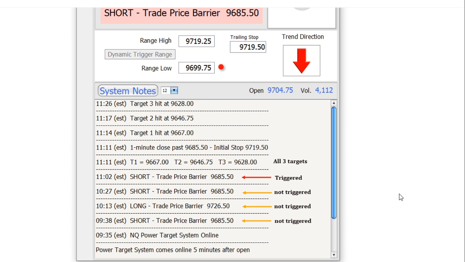The other cool thing about the dynamic trigger range, having that plotted on your chart and looking at the range, is that if the price starts to poke out of the top of the range and then comes back in and it's floating around in the middle of the range, then there's not going to be an alert. So when the price is trapped inside the range, that's the no trade zone, right?